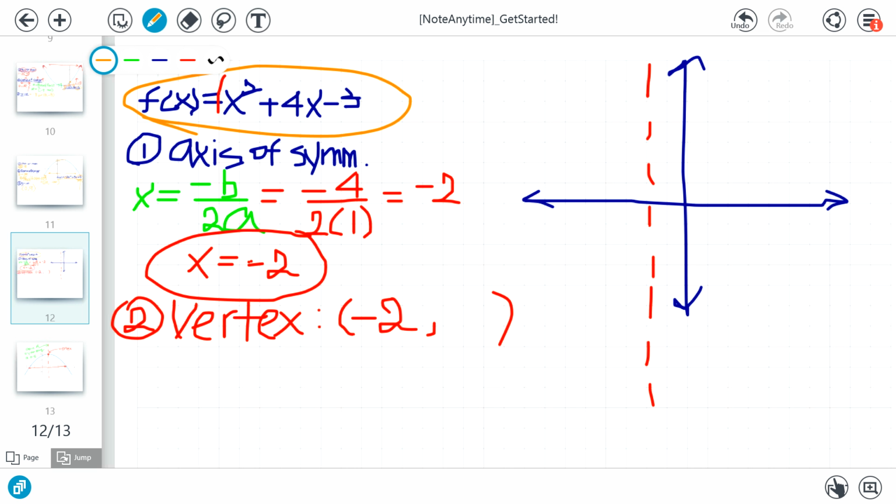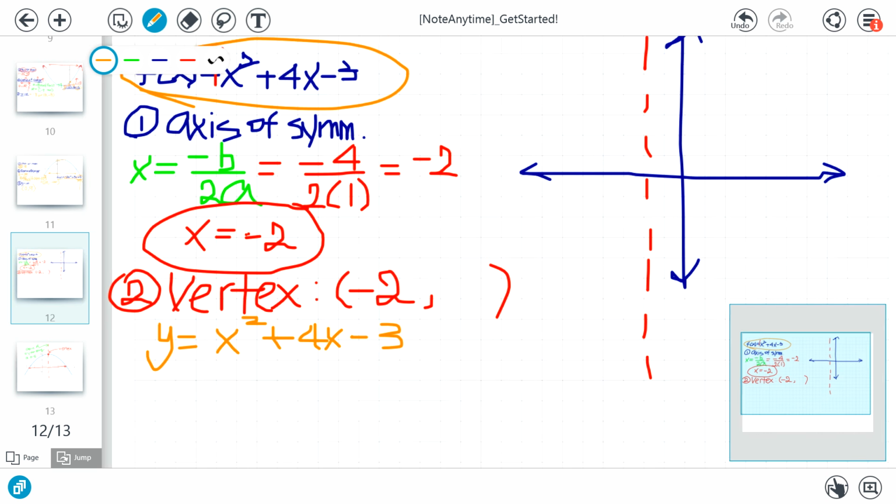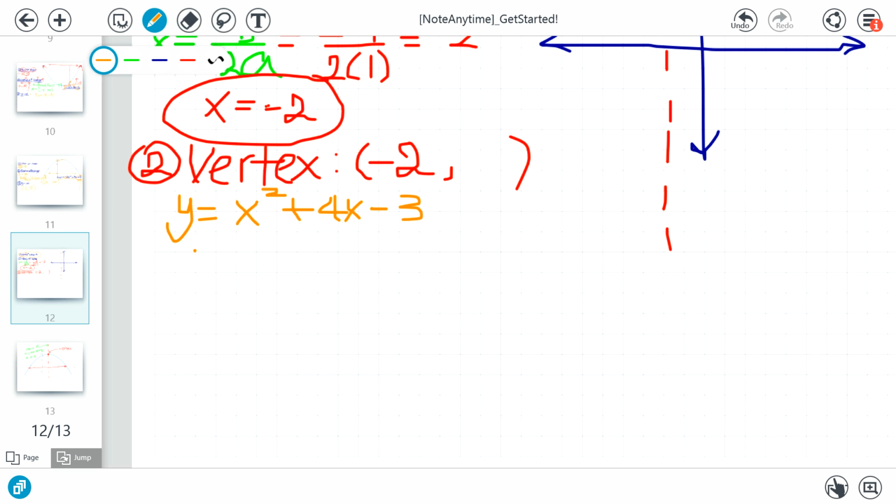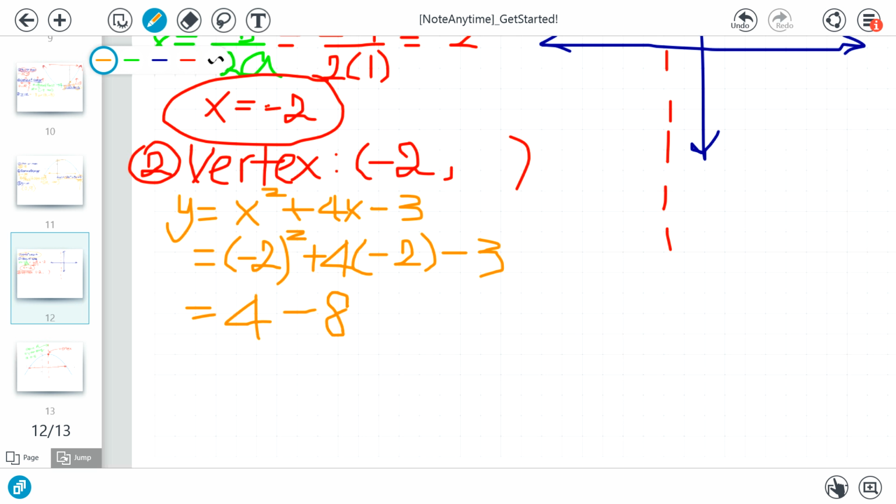Remember, f of x is the same thing as y equals. So y is equal to x squared plus 4x minus 3. Then I would have y is equal to negative 2 squared plus 4 times negative 2 minus 3. You can plug this into the calculator and it'll do it for you, but I'm just going to work it out with you guys.